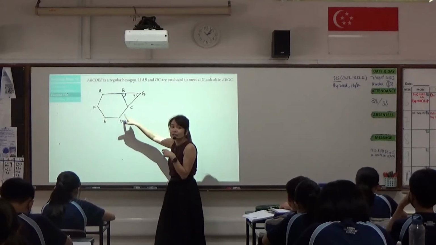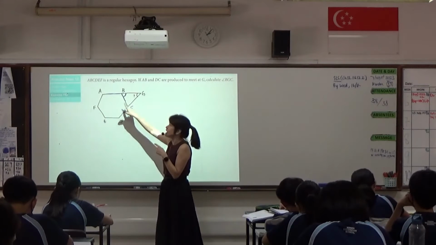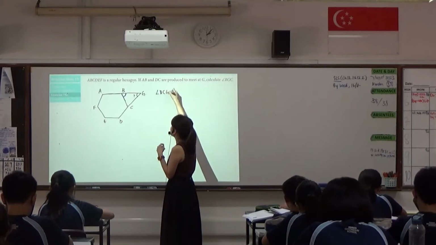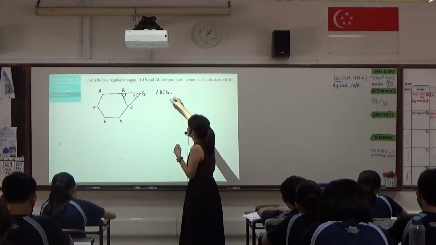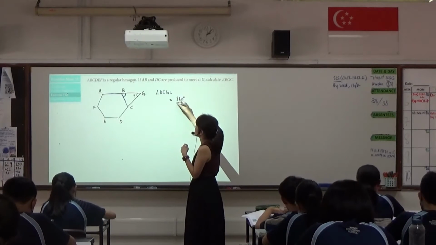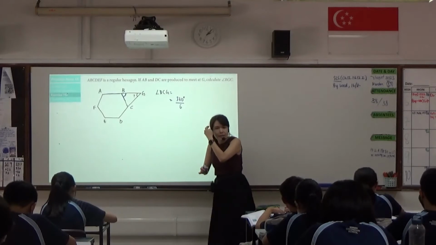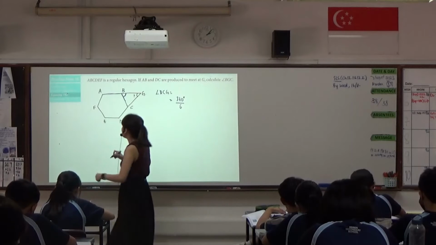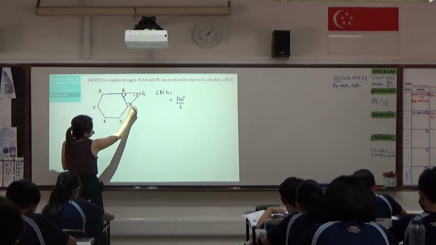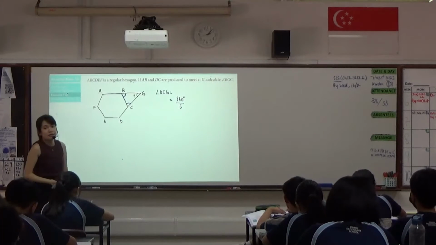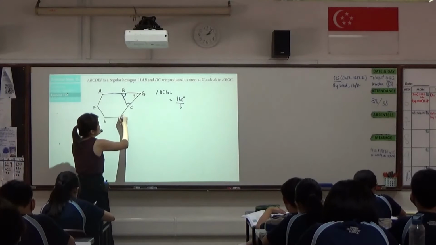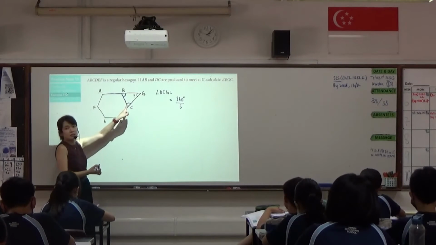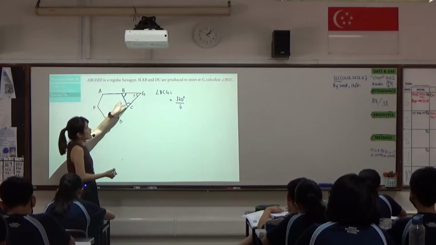Since this is a regular hexagon, I can find the exterior angle by taking 360 degrees divided by 6. Why do I leave a blank over here? Because this angle over here is also an exterior angle of the polygon. So these two angles are equal.